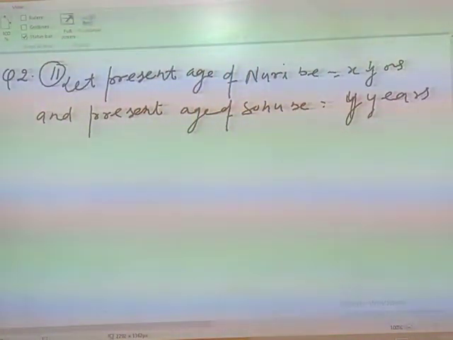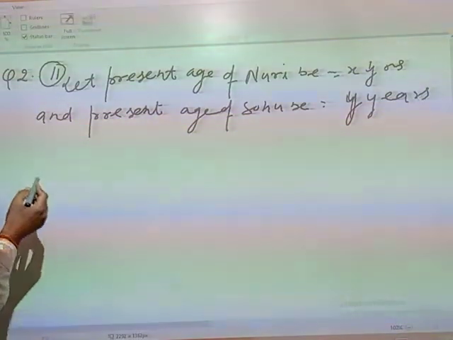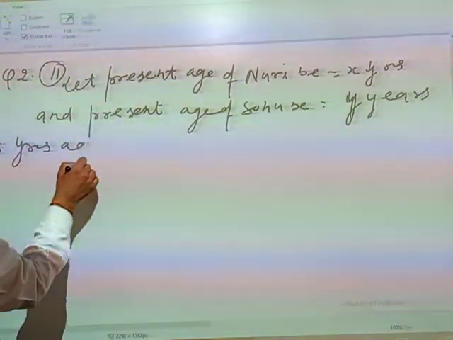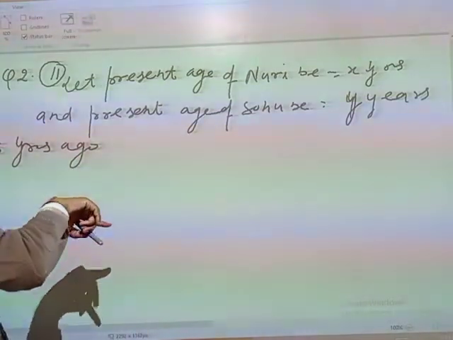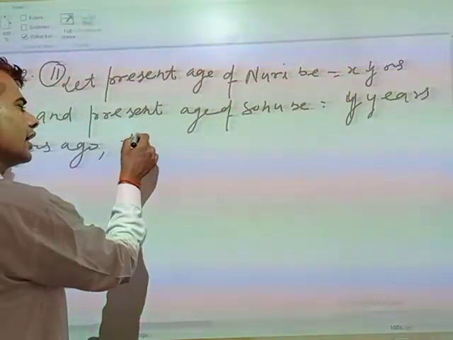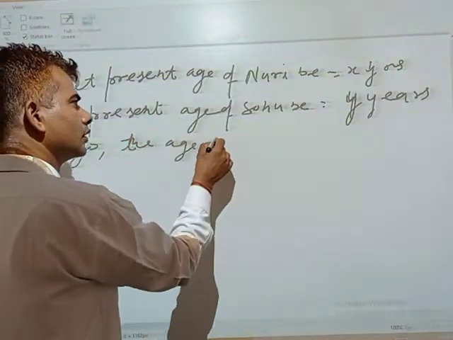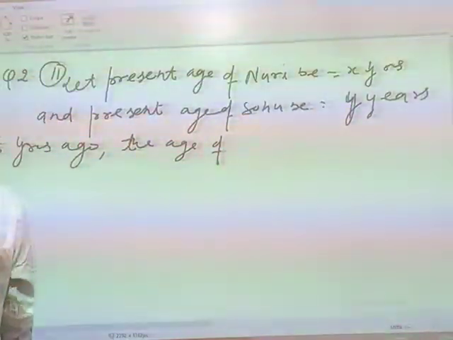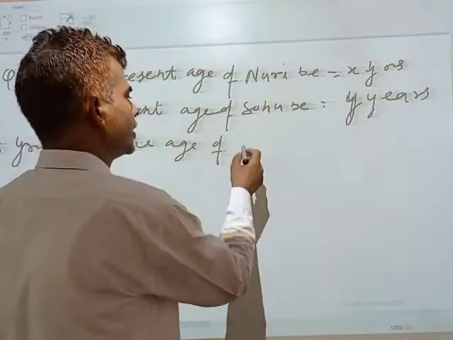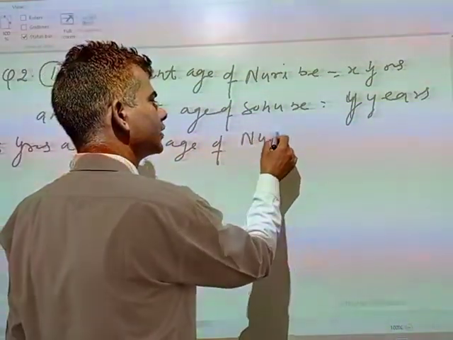Students, 5 years ago means before, means past. 5 years ago, the age of Nuri was.